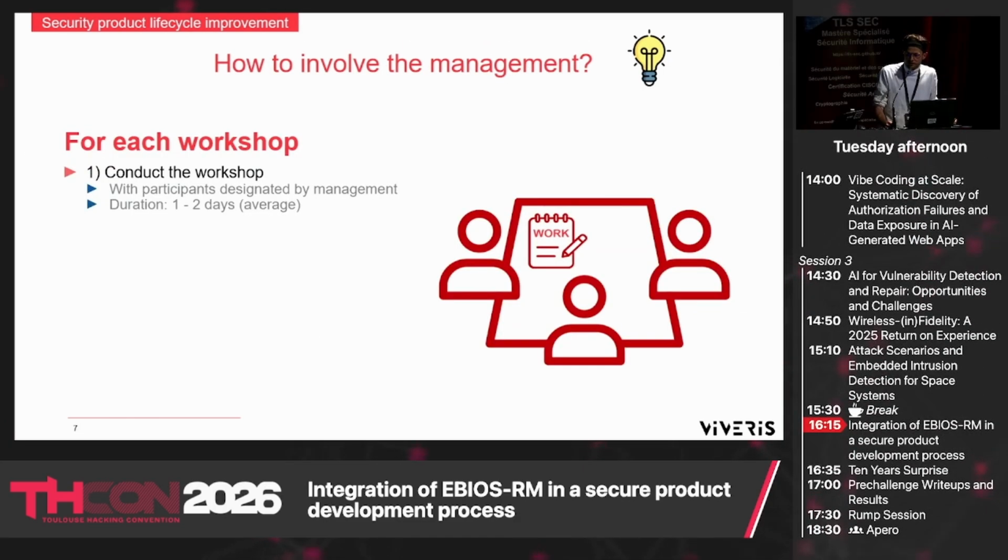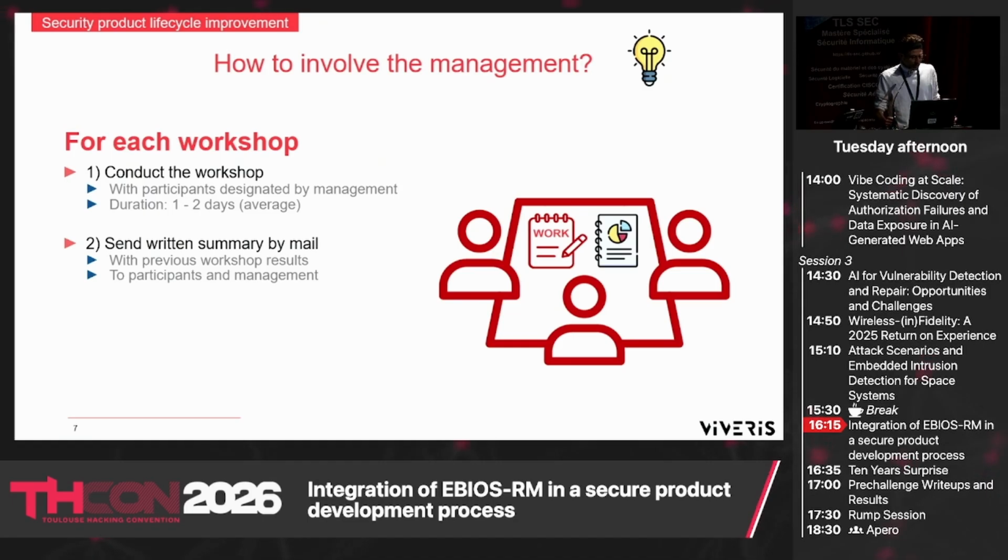For that, we introduced regular summaries. So first, we conduct the workshop with participants designated by management and all people needed, but without management, and these workshops last as long as needed.